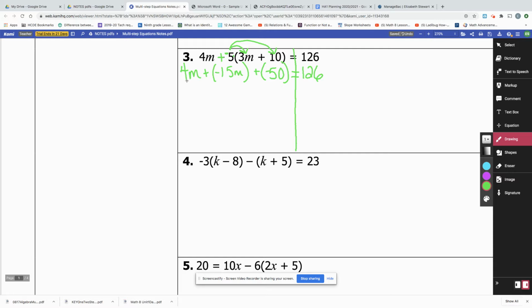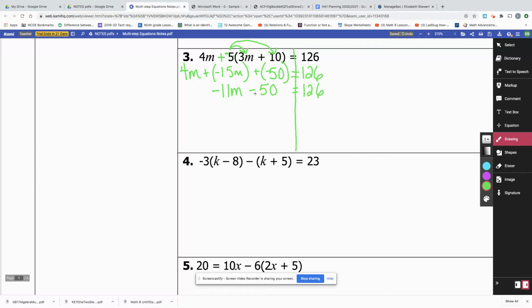I can combine 4m and negative 15m because they both have the variable m to the same power. I do not want to combine those with negative 50 because that's a constant. So 4 plus negative 15m will leave me with negative 11m plus a negative 50, or I can just say minus 50 equals 126.